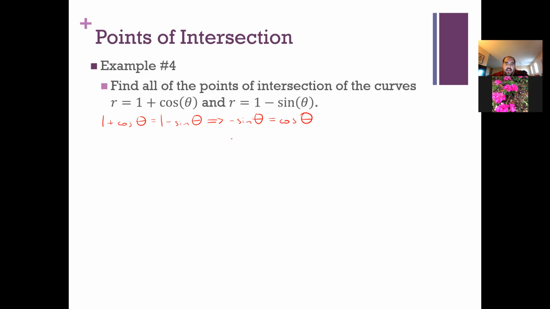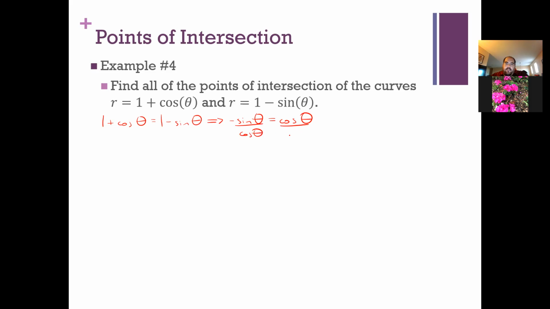All right, so how can I continue from here, solving this equation for theta? Would you be able to divide each side by cosine theta and make it negative tangent theta equals 1?